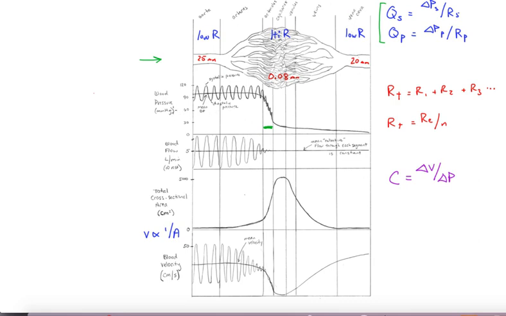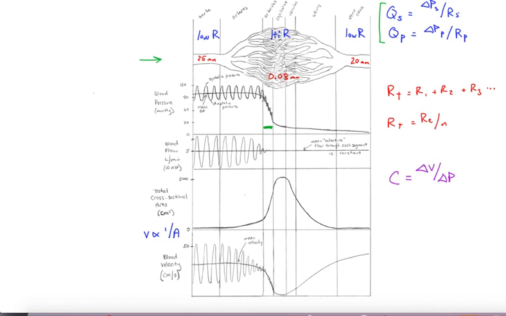Now, if we look at blood pressure, we can see that blood pressure in the arteries is pulsatile, right? Shown by the waving line here, right? And that's why our clinically measured blood pressure is reported as a systolic over diastolic, right? It's two numbers, not one. And that's because it's varying with ejection from the ventricles.